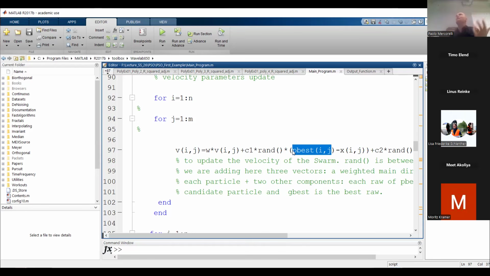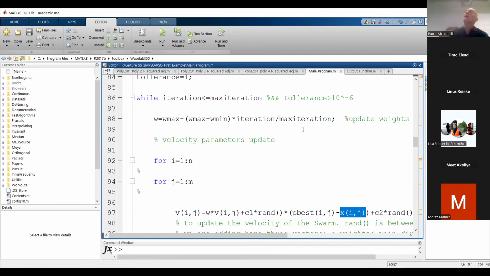It's the best population, the best swarm. When I have the best bird, I will replace it in this P best. And then I do the difference with the old one.